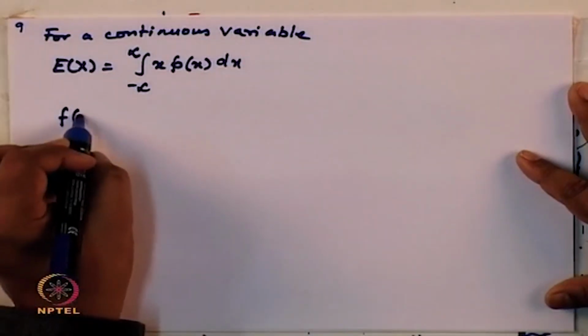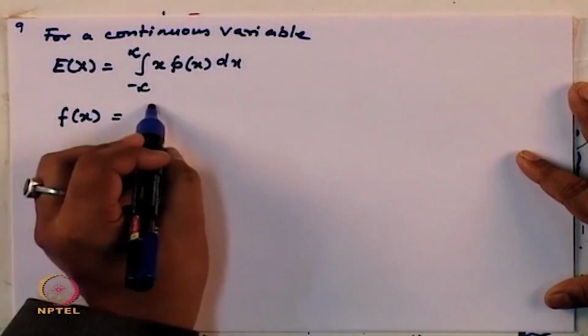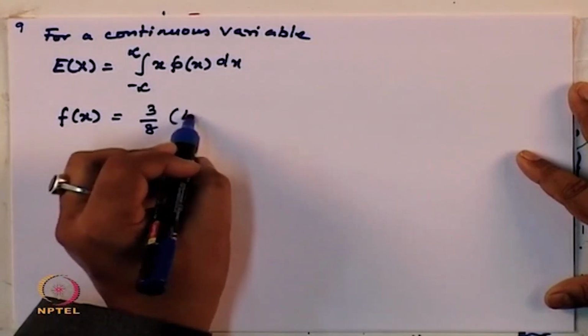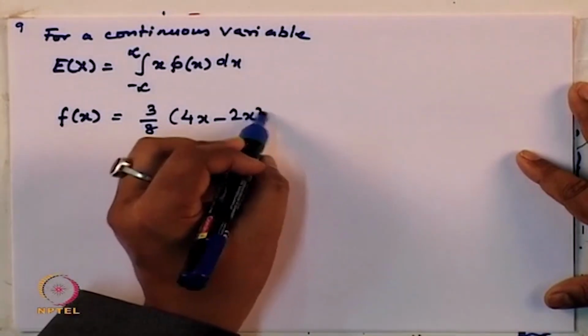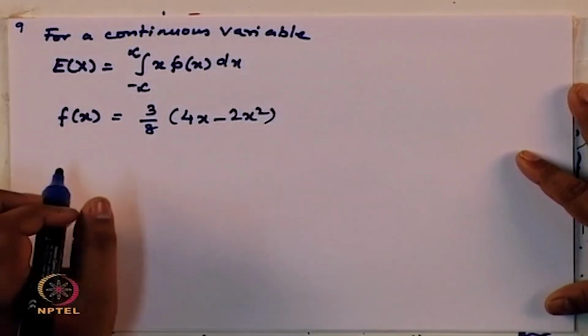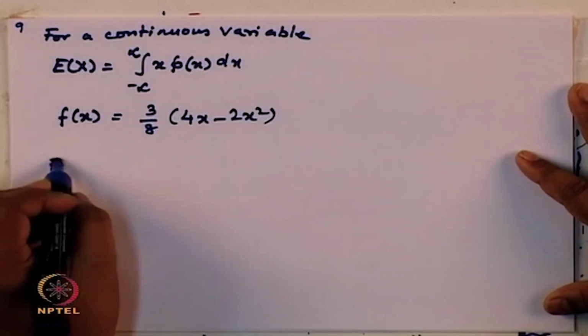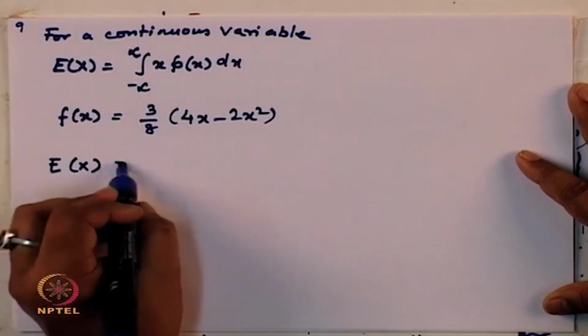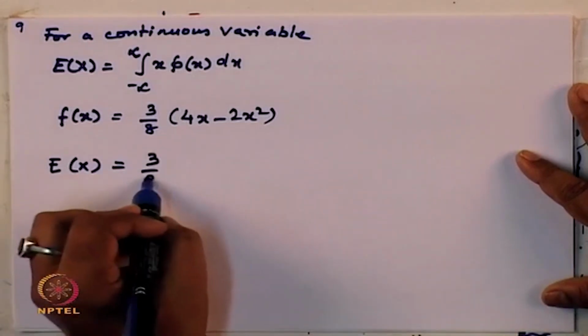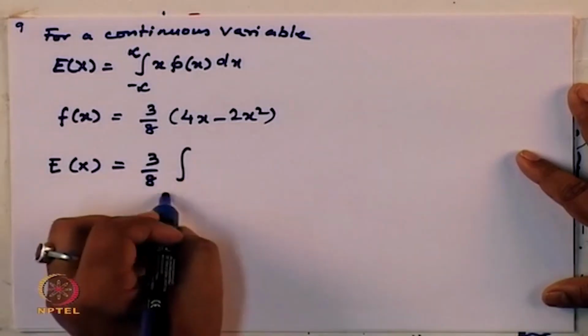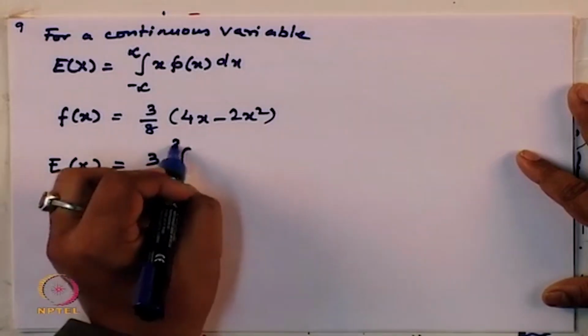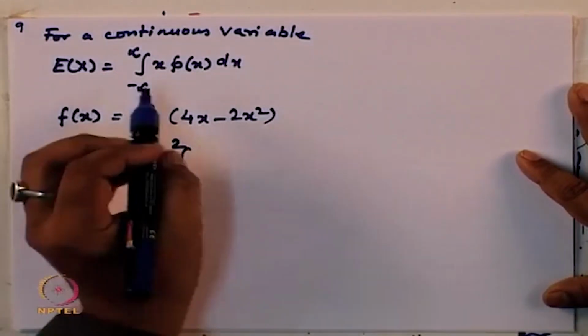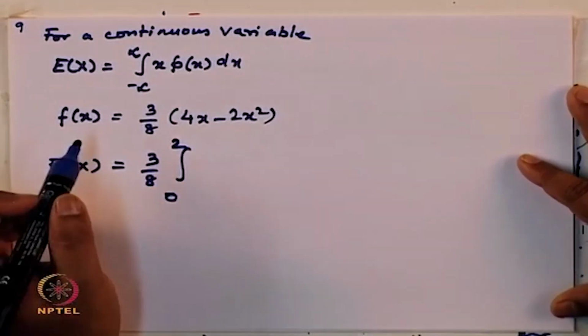For the probability density function that we had, f(x) equal to 3 by 8 into 4x minus 2x square, what will be the expected value? We can calculate the expected value of x as, I can take the 3 by 8 out and integrate. This is only from 0 to 2; in all remaining places you know that the probability is 0.